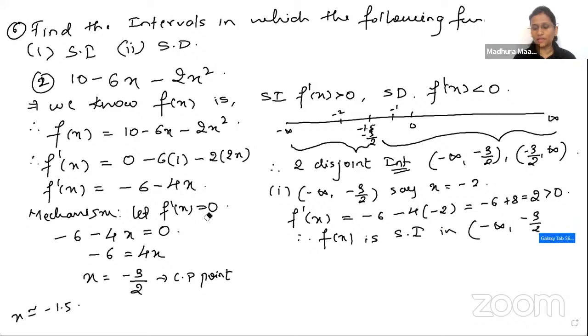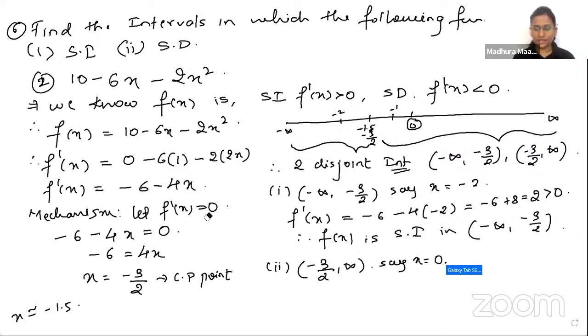In the interval -infinity to -3/2. Similarly, you take the second case, that is -3/2 to infinity. Now you can take any value of x in this interval. Always 0 will be most helpful because many terms will become 0 there. This interval includes 0, correct? Yes, ma'am. I will take x as 0.